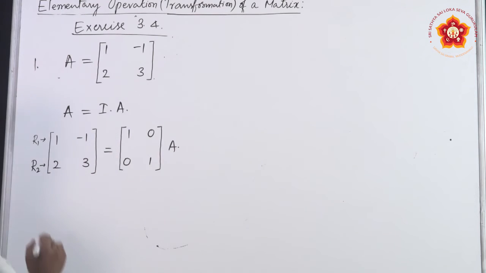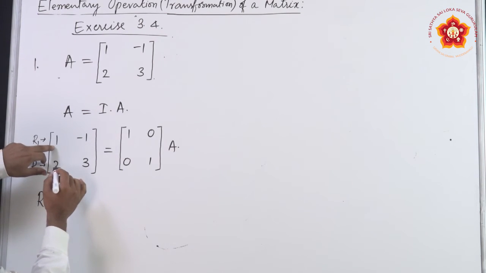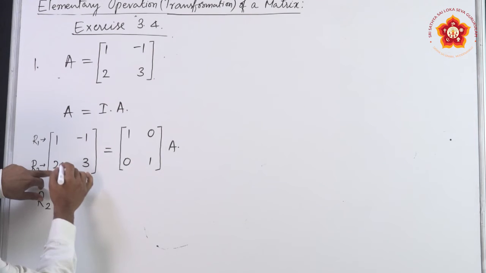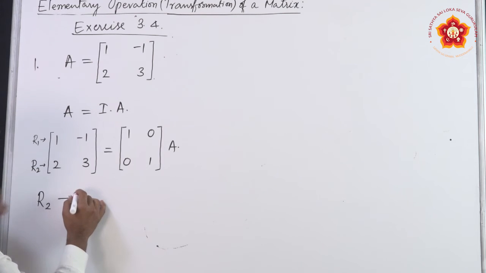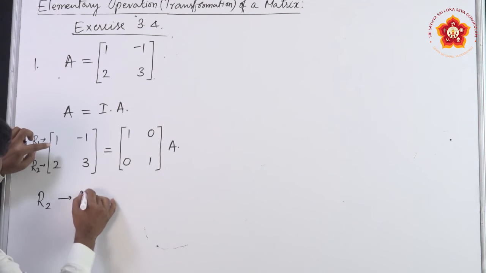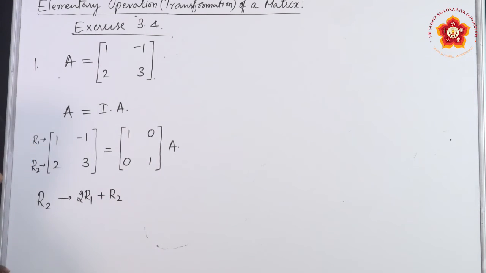So, now let us apply this operation for row 2, that is here 2, here 1. To get this element as 0, I am going to multiply by 2 and subtract, then I will get 0. So, 2 times R1 minus R2.